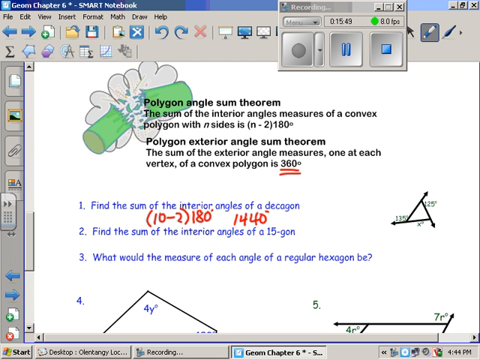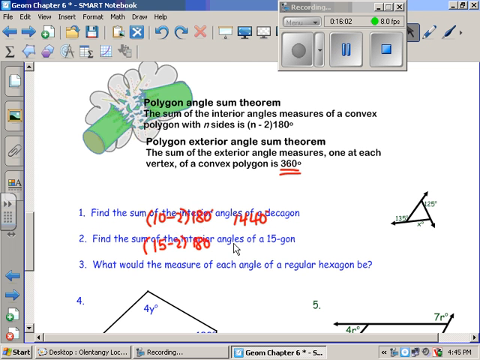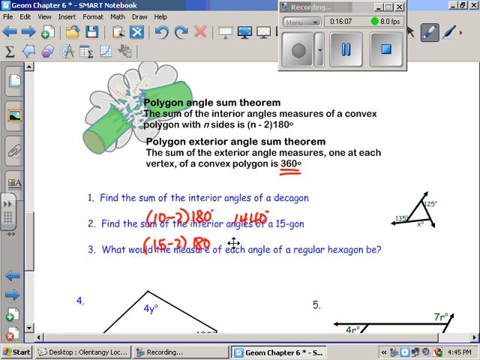If I want to find the interior angles of a 15-gon, I would do 15 minus 2 times 180. So that's 13 times 180, which is 2340. Okay?